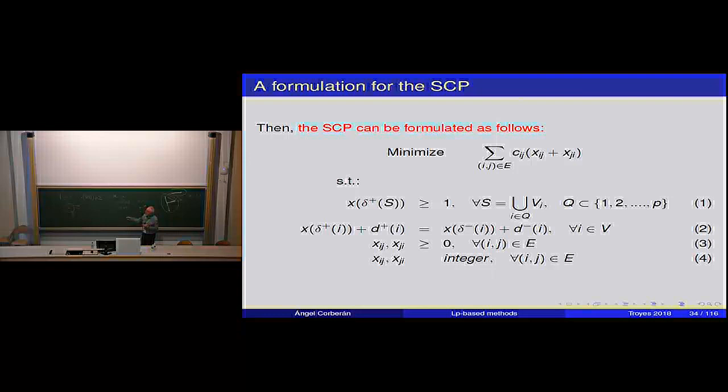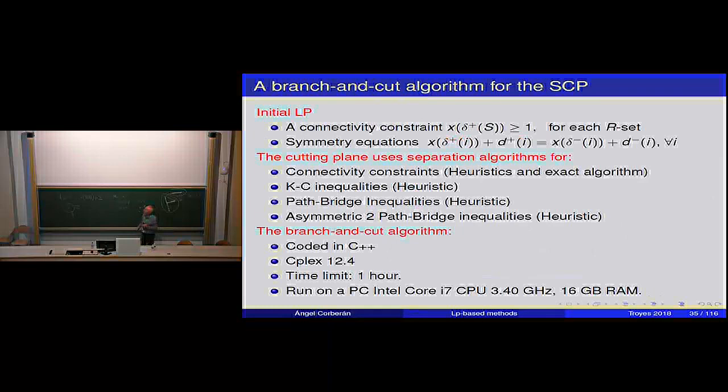As you can see, these equations are polynomial, one for each vertex, and the number of connectivity inequalities is exponential. So we will need some procedure for solving the separation problem associated to this family of inequalities.